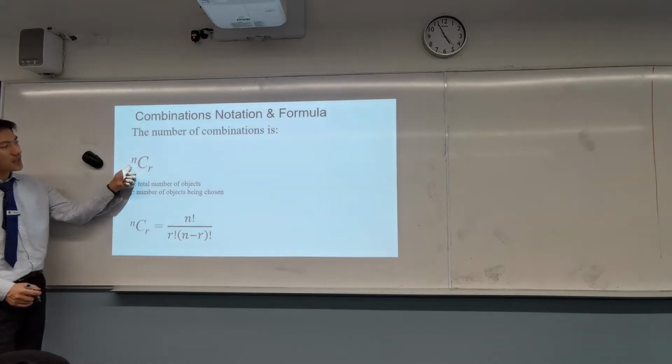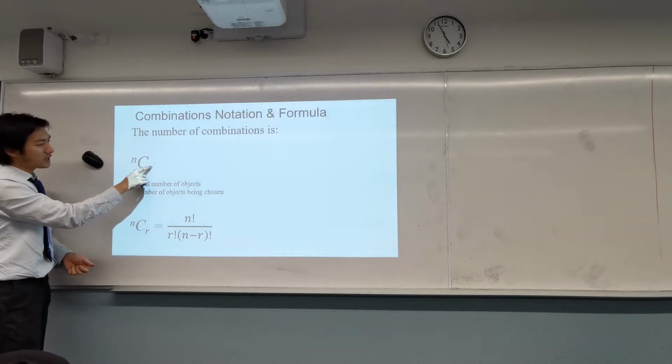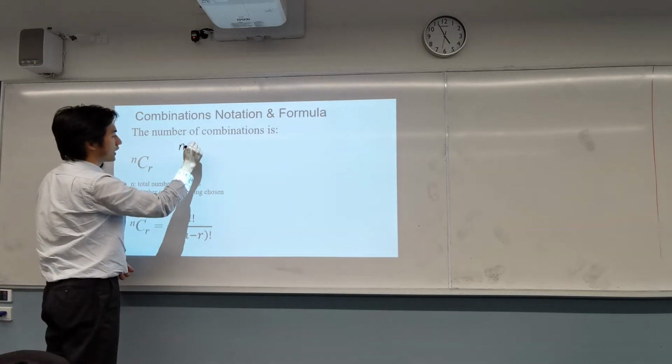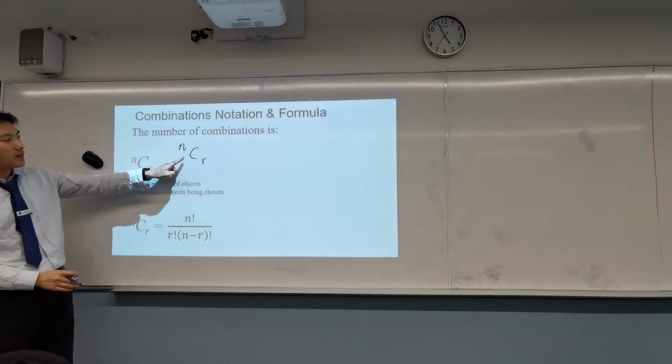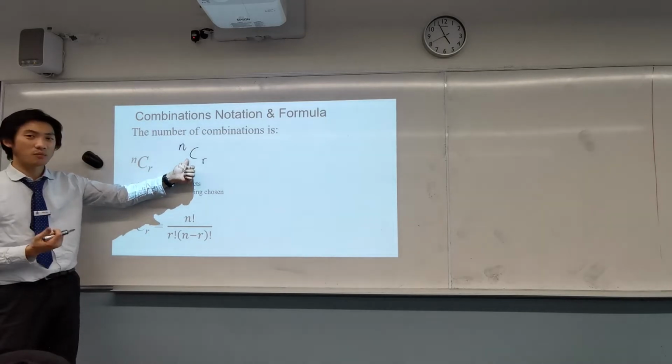Here's what the notation for combinations looks like. We write it as nCr. That n is placed a little bit above the C and r is placed a little bit below. So I'll rewrite it, nCr. It should look like this. The n and the C and the r represent different things. You may have guessed that C represents combinations.